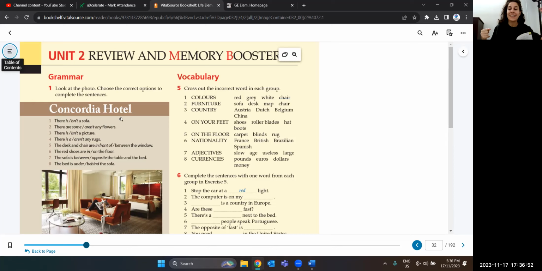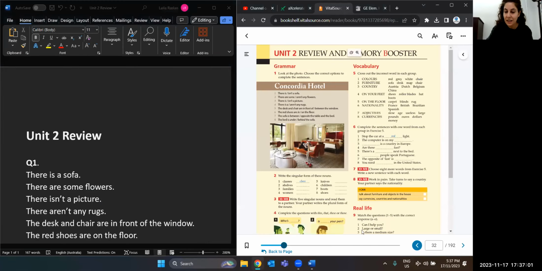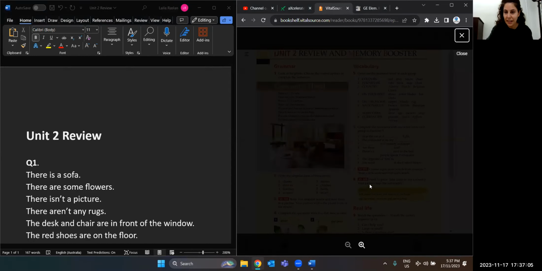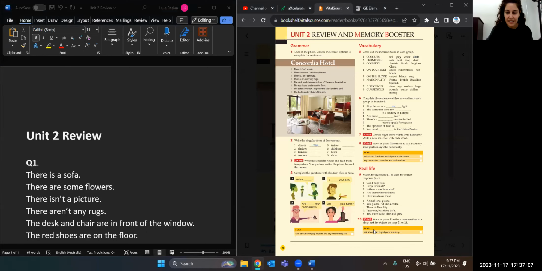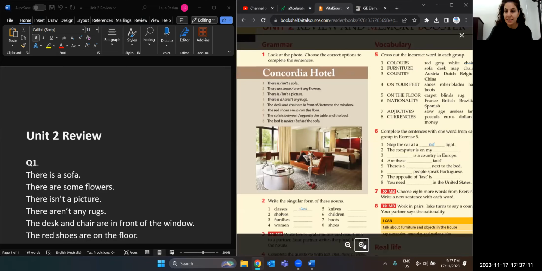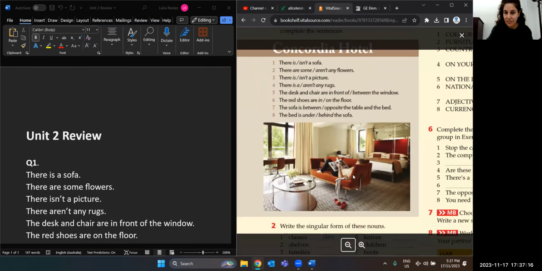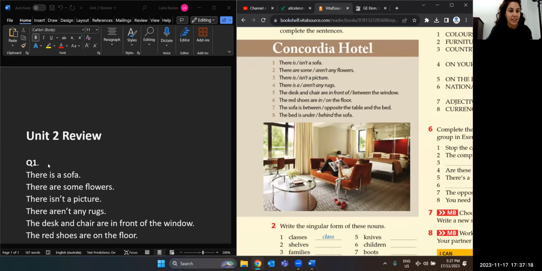We need to know if we're going to say there is for singular or there are for plural. So in the first one, it says there something a sofa. So what could the answer be? There is, because it's just a singular one noun. There is a sofa. I could see that sofa in the middle of the room.